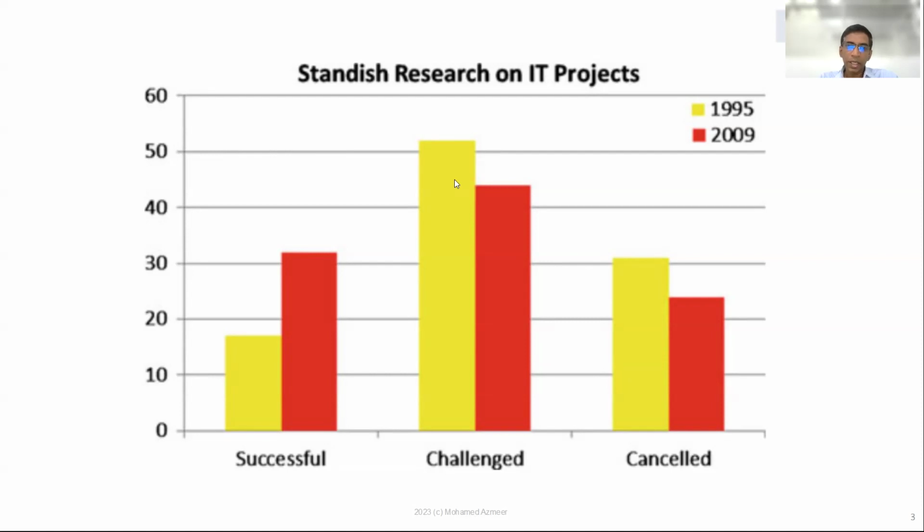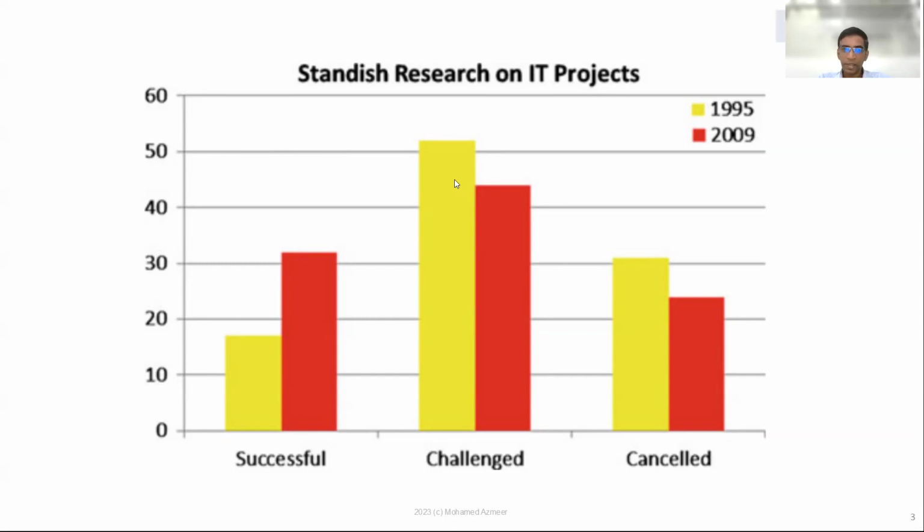If you look at projects now, look at the yellow line. The yellow line is growing, right? In the first set, where it is successful, in 1995 you have about 15 successful and about 30 something in 2009.